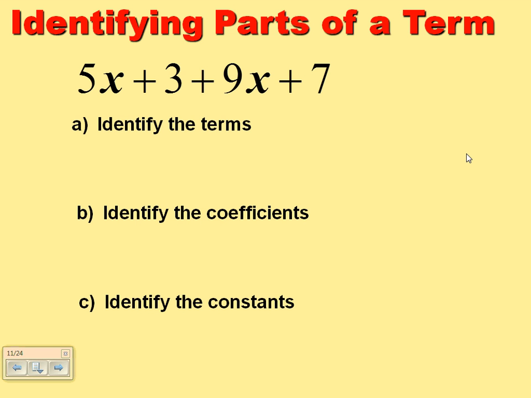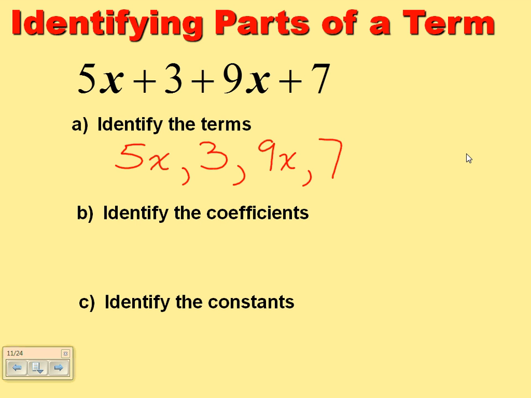So the answer for how many terms there are is actually 4 terms: 5x, 3, 9x, and 7. This actually answers the first question, which says A, identify the terms. So here, the terms are 5x, comma, 3, comma, 9x, and 7.